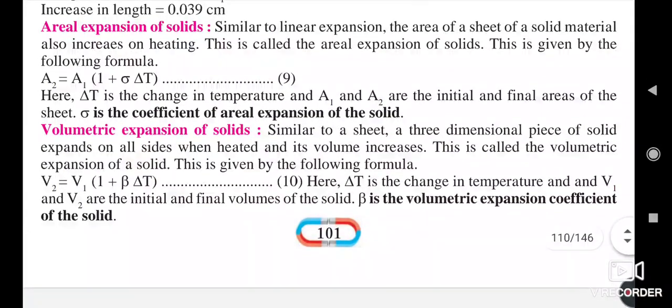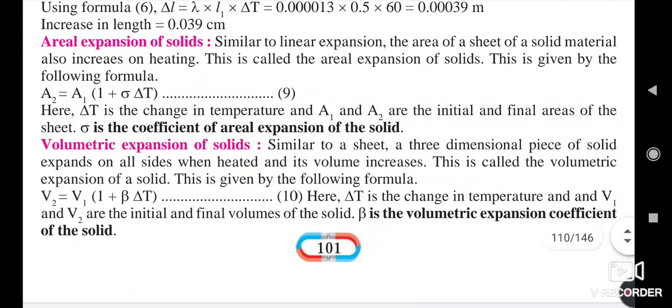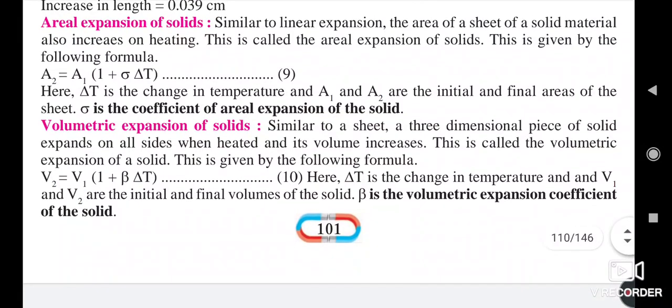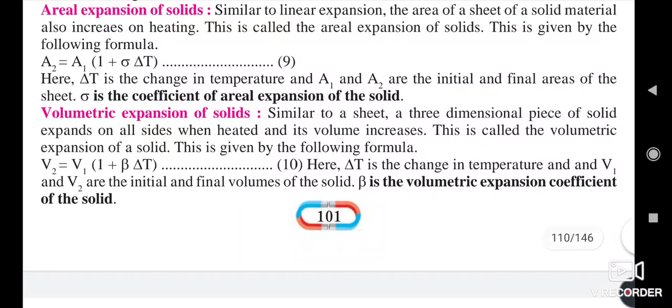Okay, volumetric expansion of the solid. Similar to the sheet, a three-dimensional piece of a solid expands on all sides when heated. Its volume increases. This is called the volumetric expansion of solid.